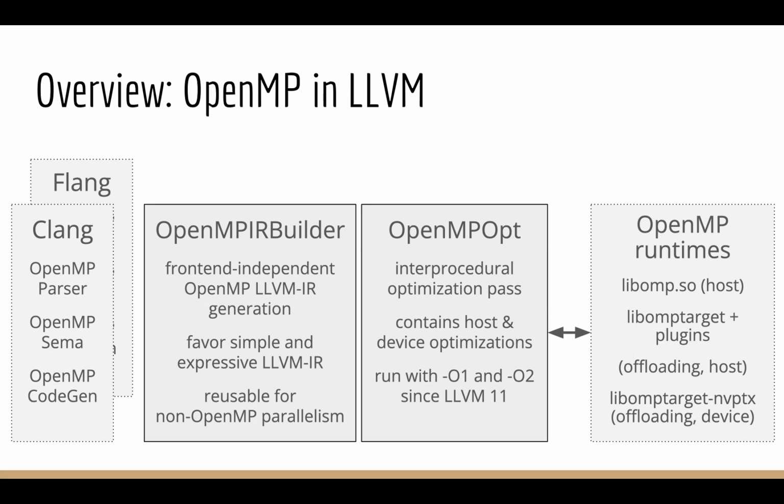Through that, we really gain the performance necessary to compete with other models, even though OpenMP by default is more expressive than the kernel languages. So this path transforms the expressive OpenMP into something that really runs fast on a GPU. And we'll see some examples of what it does later on.